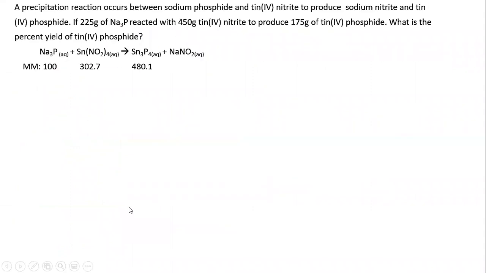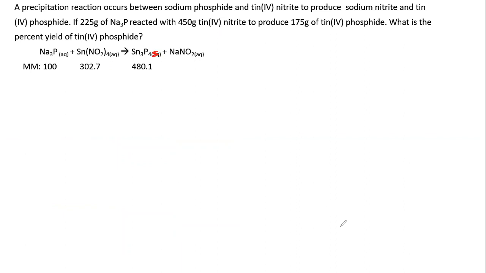So again, as we're doing these examples, hopefully you're seeing the trends in the process needed to solve these problems. We're doing the exact same thing every time. So here we have a precipitation reaction, just one small technical issue: this should be a solid, not an aqueous.